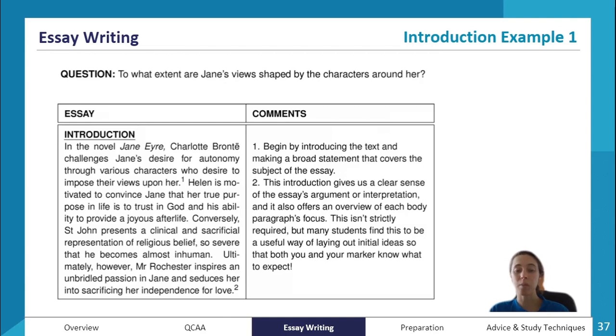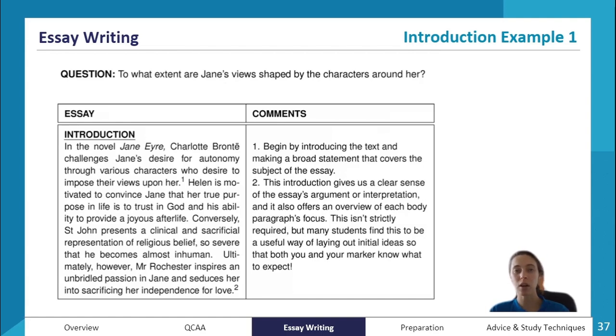Here in this example, we can see that clear idea of signposting because we have the mention of 3 characters. Oftentimes when we've got a thematic question, like this idea of Jane's views, we can divide that up in our paragraphs according to different characters.